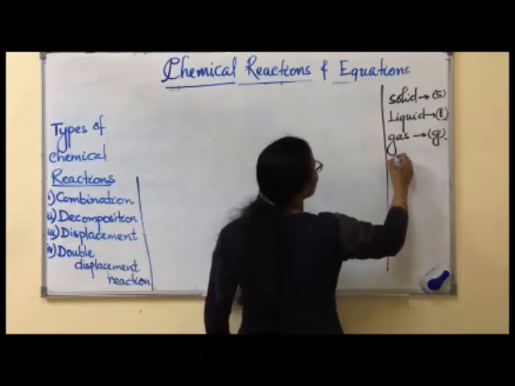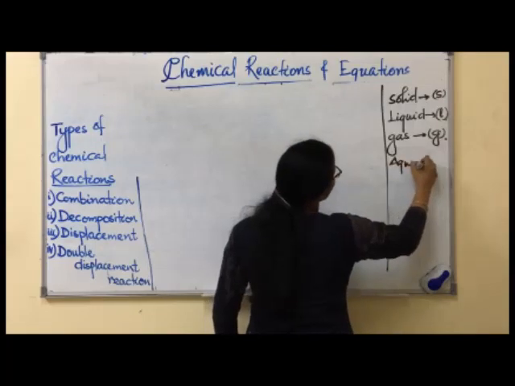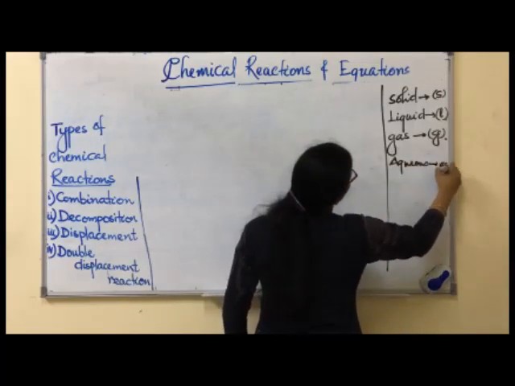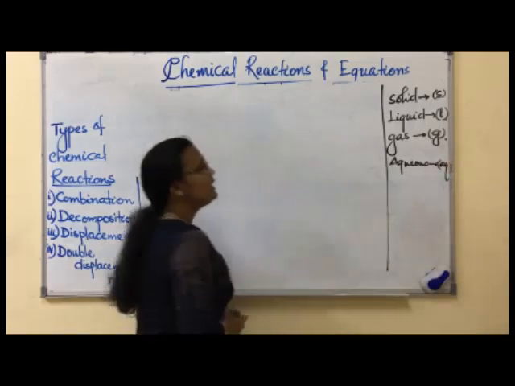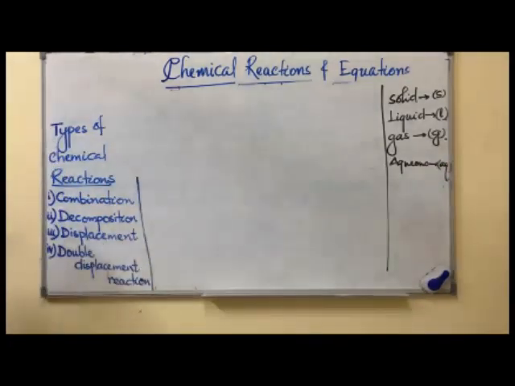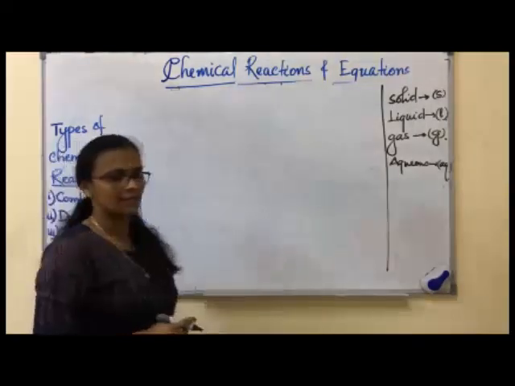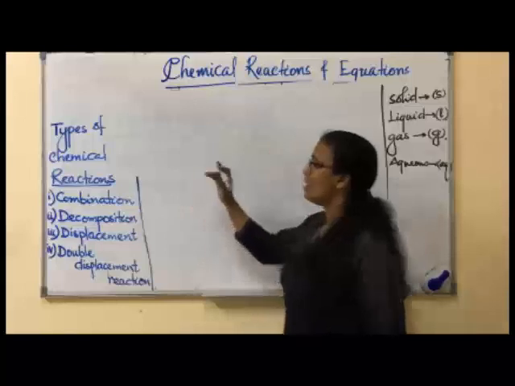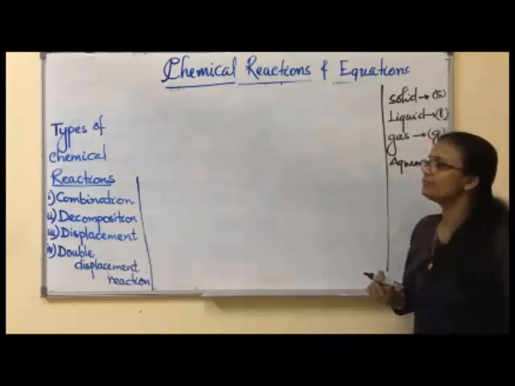If it is aqueous, then you should write aq as its symbol. If these physical states are also mentioned in the balanced chemical equation, then we can say it is a complete balanced chemical equation. Now we can move to our chemical reactions, different types.